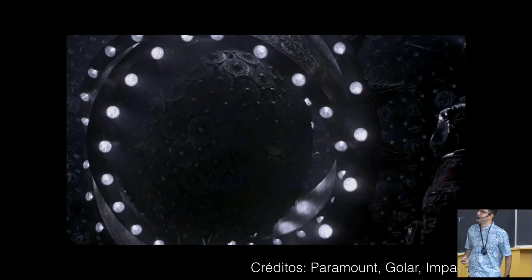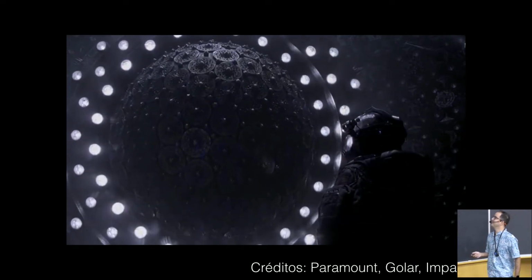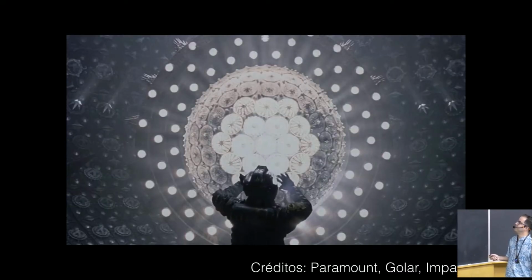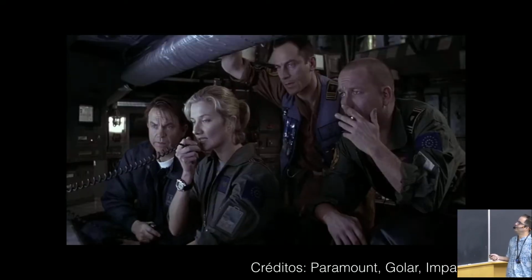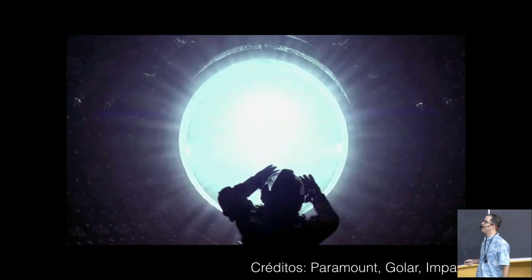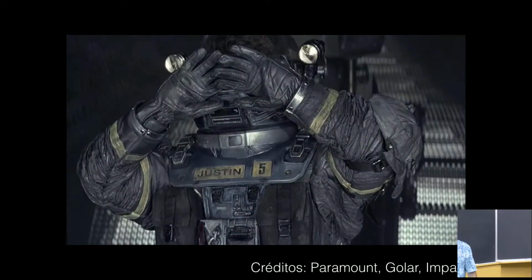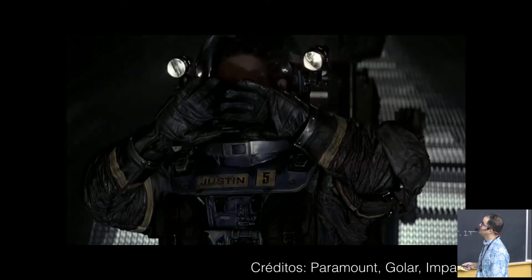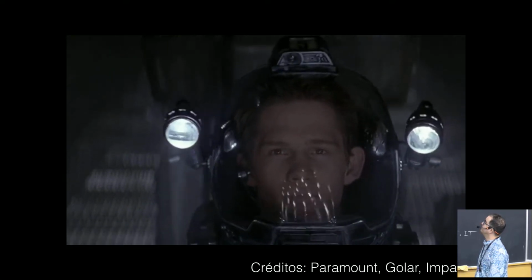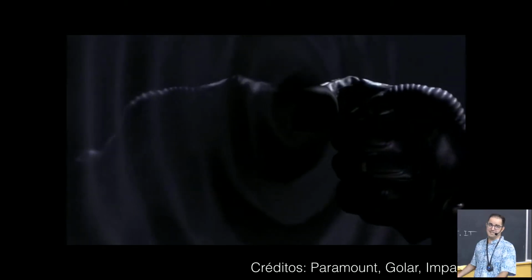So here we have a fictitious black hole in some movie. It was found in an abandoned spaceship. Somehow these guys are using the black hole to power the spaceship. Feeding the black hole with his hand.